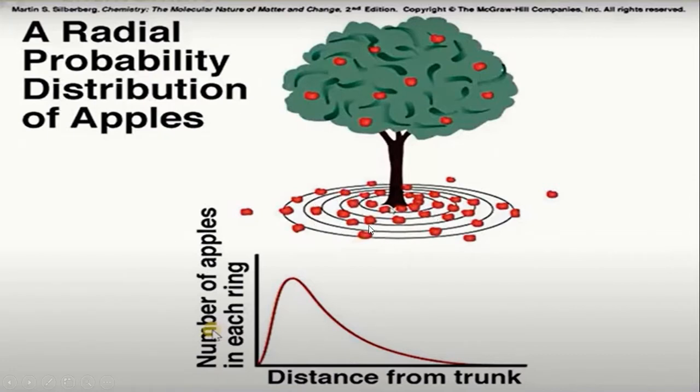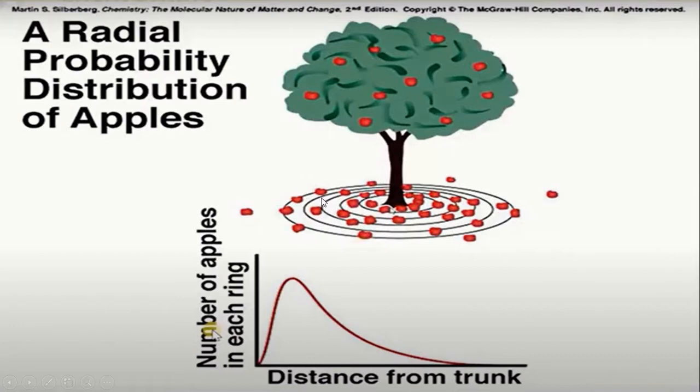Okay, and now what is RDF? RDF tells us about the probability of finding an apple in a shell that is at a distance r from a reference atom, or a reference apple, whatever it is.